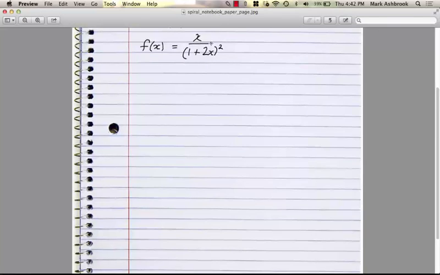So let's try this. F of x equals x over 1 plus 2x squared.